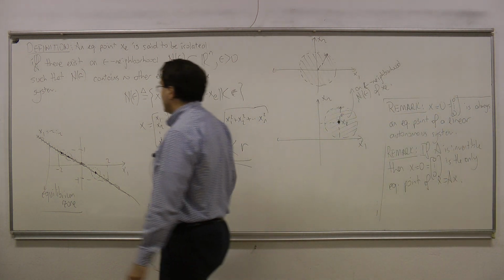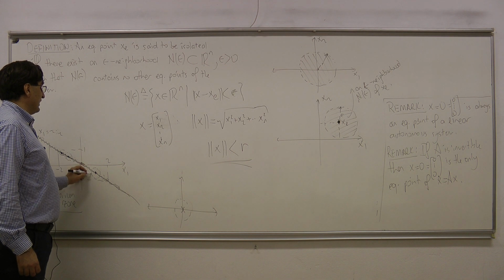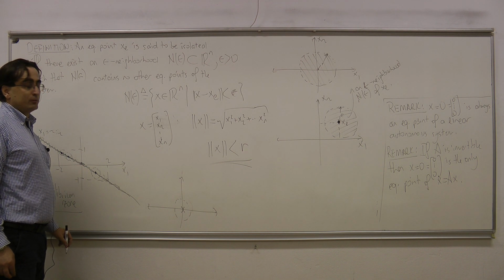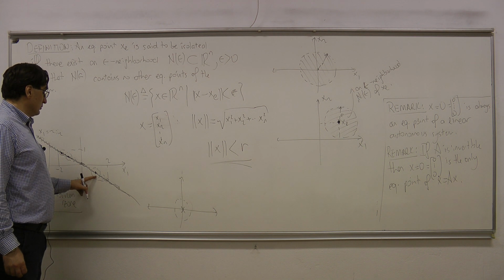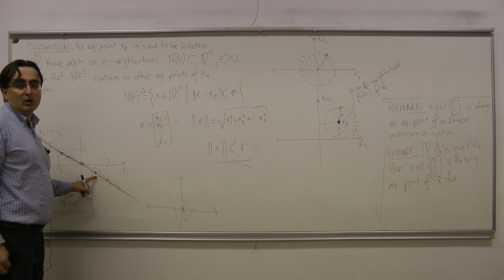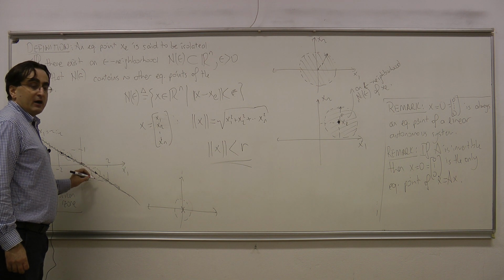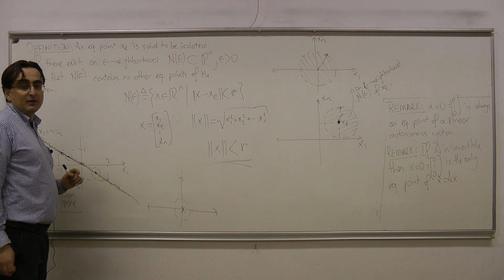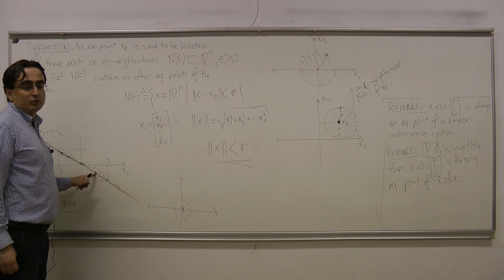Okay? So here, around this equilibrium point, the question is, can I find an epsilon neighborhood in which no other equilibrium points exist? Whatever I choose my epsilon value here, however small I make that epsilon, there will always be actually infinitely many equilibrium points in the same epsilon neighborhood, in addition to this single equilibrium point.